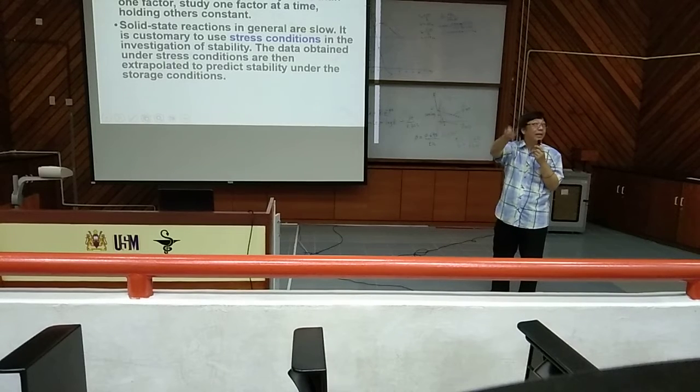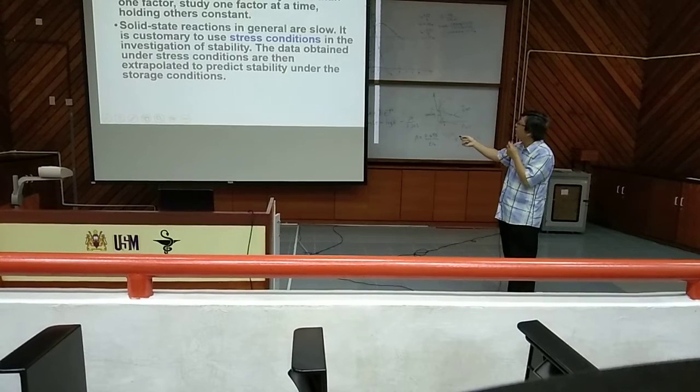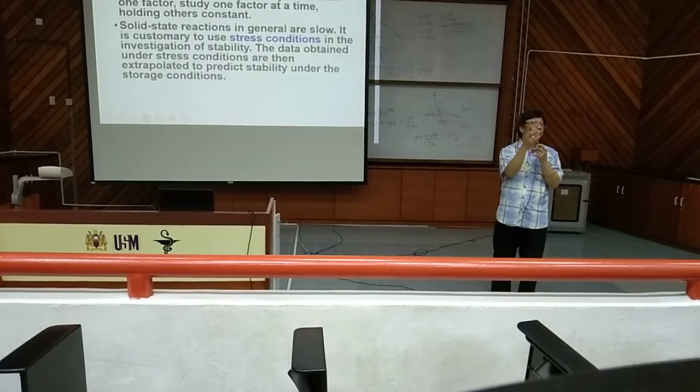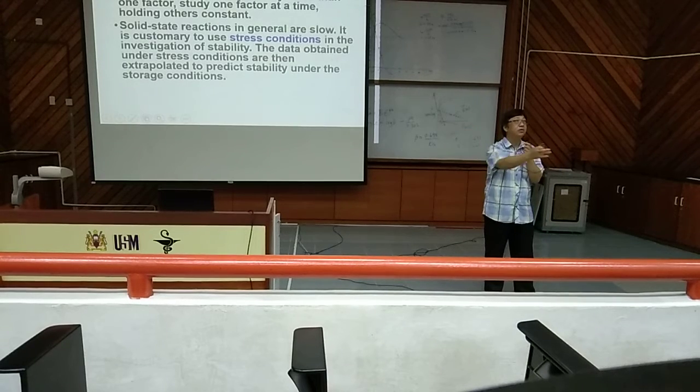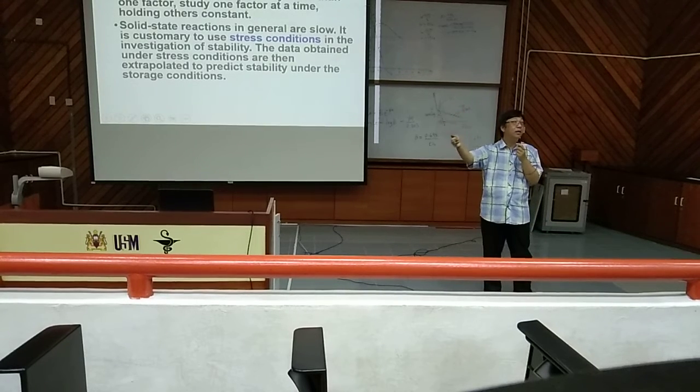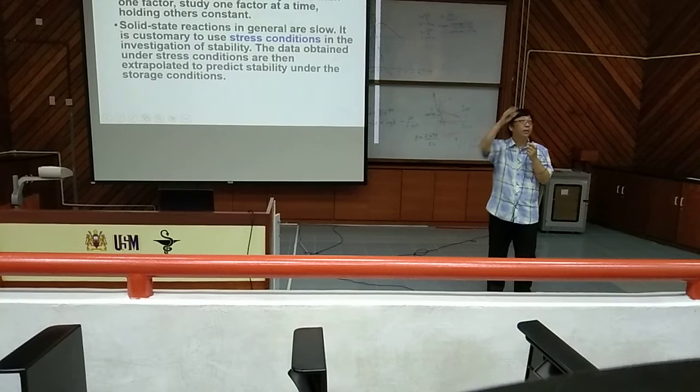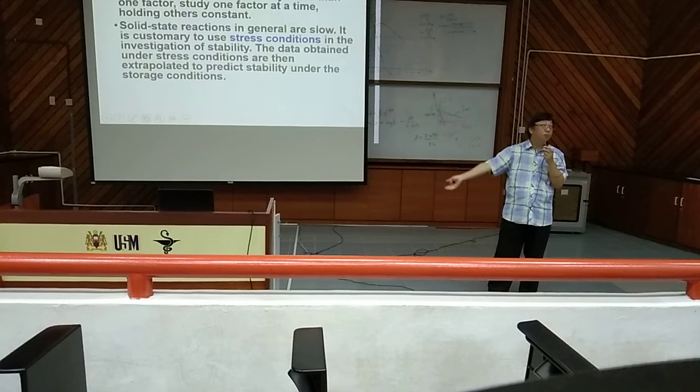Alright, but at least you get some ideas. For solid state stability, you have heat, light, oxygen, and moisture, according to the ICH guideline or ASEAN guideline on stability. Usually when you run stability, you keep at 30 degrees Celsius and also 40. These two are compulsory because Malaysia falls under zone 4B.